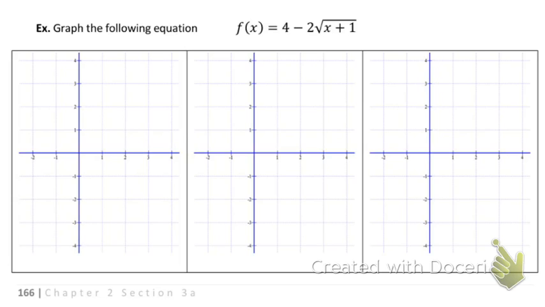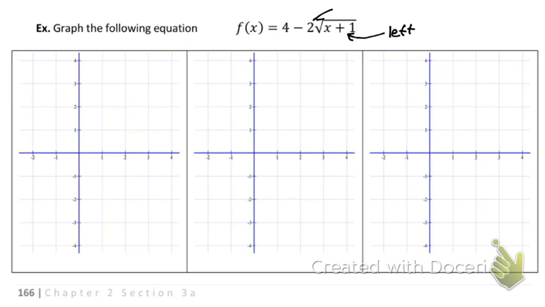Well, we have a parent function of square root of x. The first thing I'm looking at is I'm adding 1 inside the square root. And as Luke knows, adding 1 inside is going to actually make it go left 1. So that's going to make it go left.